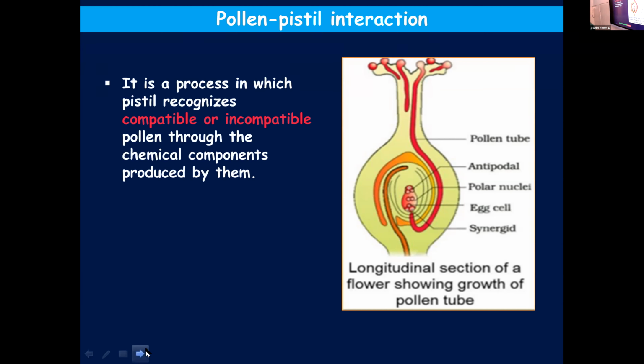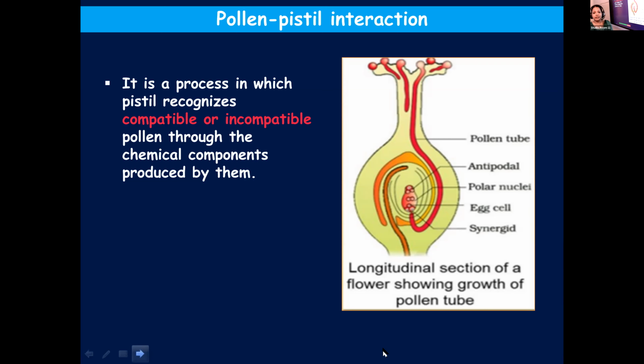Pollen pistil interaction is a process in which pistil recognizes compatible or incompatible pollen through the chemical components produced by them. Any pollen, if it falls on the stigma of a particular flower, cannot germinate and form a pollen tube unless it is compatible. Pollen from other plant species will not be recognized by the pistil.